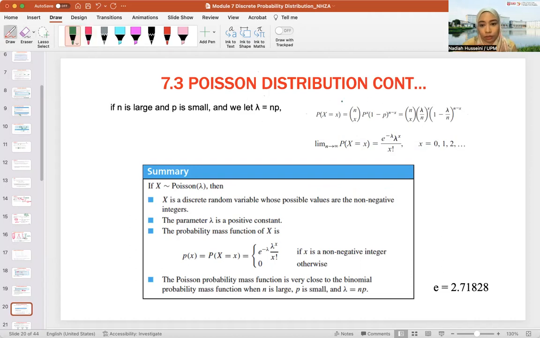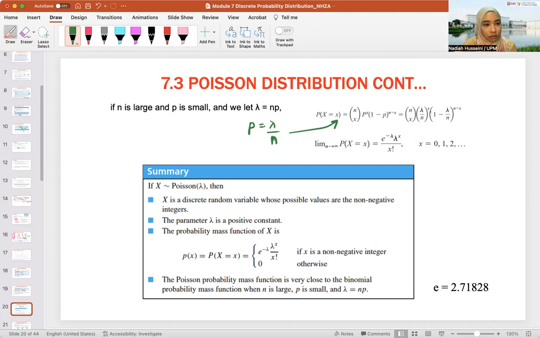If I use the binomial equation for the probability mass function and substitute P with lambda over N, let's see what happens. N choose X, lambda over N to the power of X, 1 minus lambda over N to the power of N minus X.